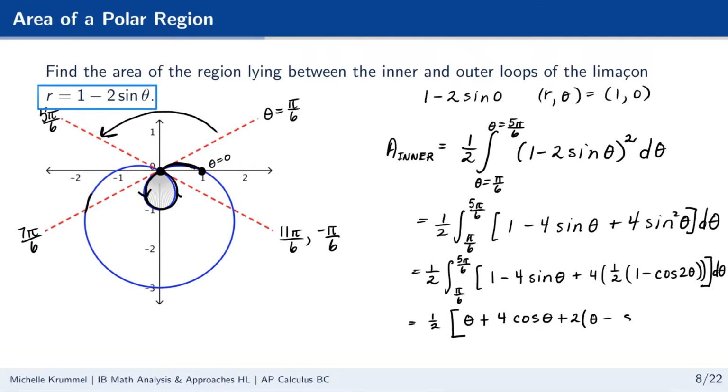The integral of the cosine 2 theta would be sine 2 theta. Derivative of sine is cosine, so my sign is correct, but then we need to divide that by 2 to compensate for chain rule. And we evaluate that from pi over 6 to 5 pi over 6.